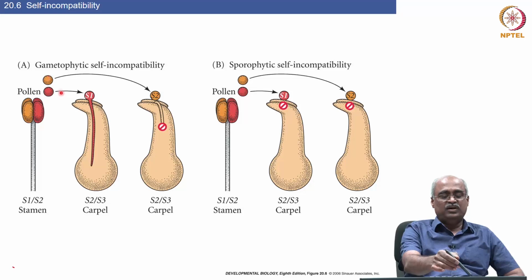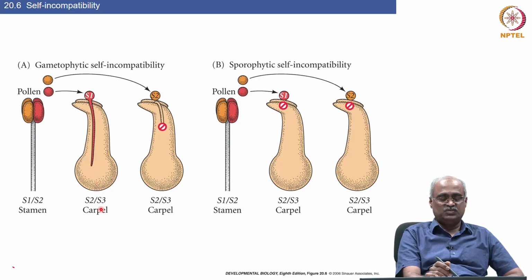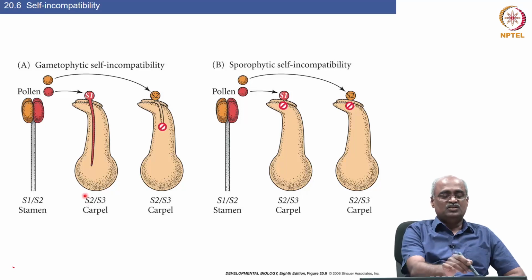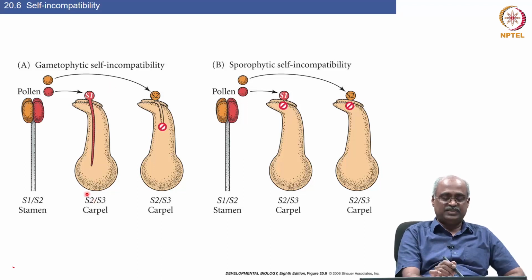Okay. So now here, for example, S1 pollen is landing on the stigma of a carpel in a sporophyte having the S2, S3 genotype. If you look, the two plants share an allele: this one has one allele of S2, and this one also has one allele of S2. This gamete is S1, but the female one does not have S1, although they share one allele.